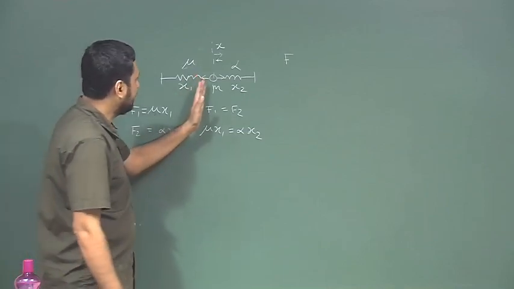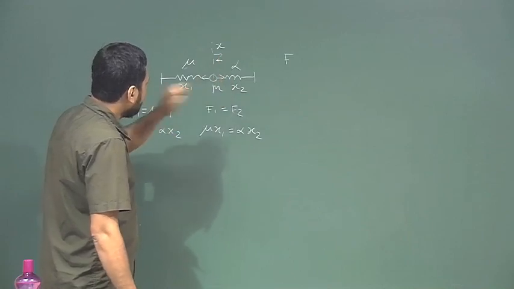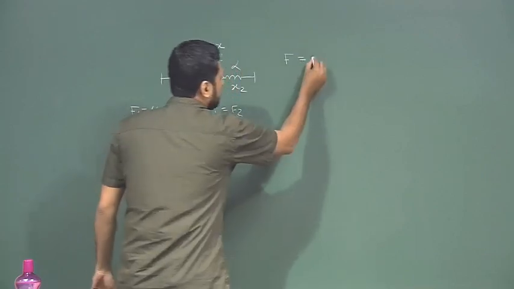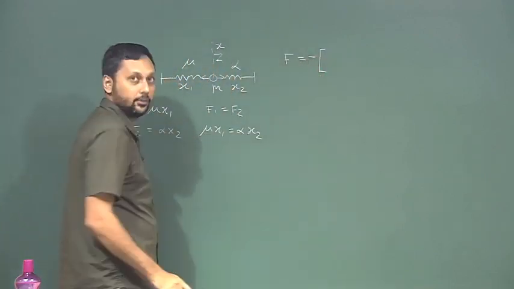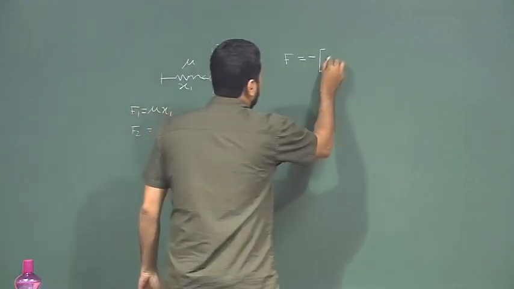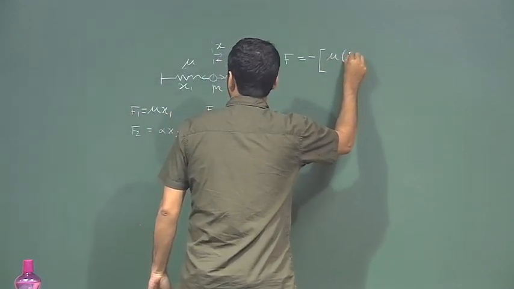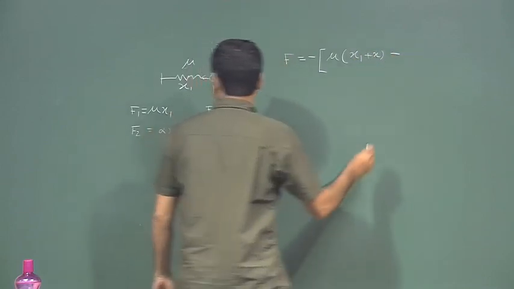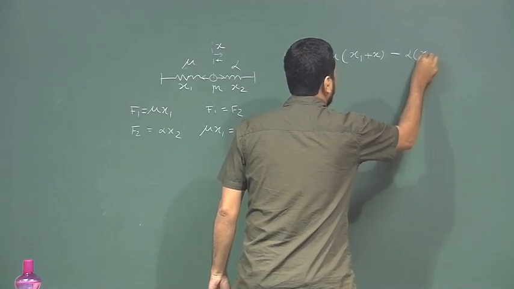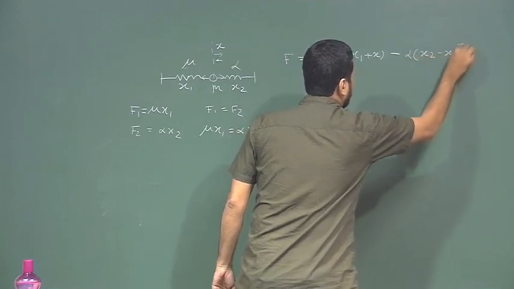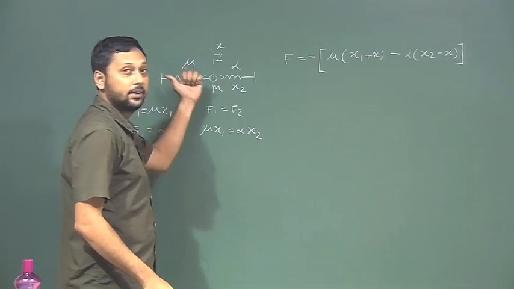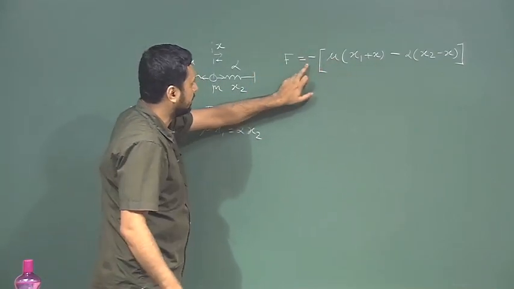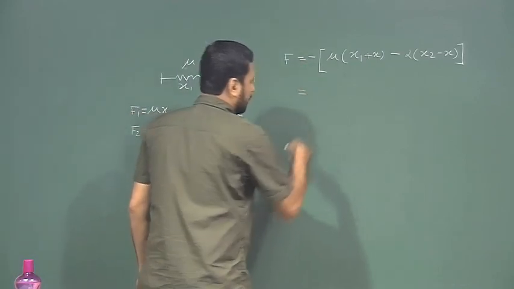So, force F, which will come with a negative sign because it is a restoring force, will be given by mu (x1 plus x) minus alpha (x2 minus x). This is the force towards this direction, that is the force towards that direction, and this force wins, so it comes with a minus sign in the final equation.